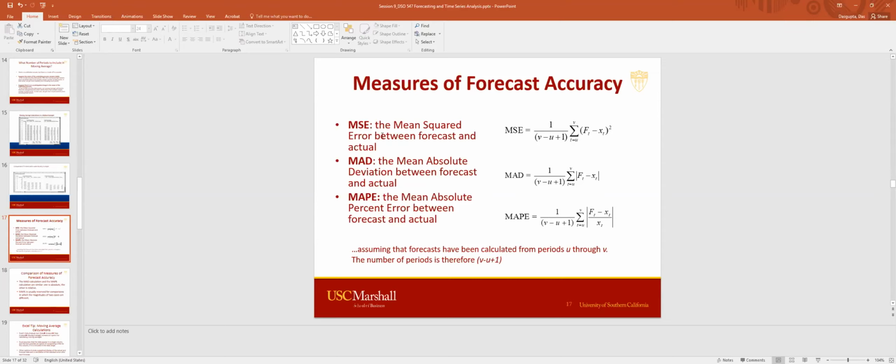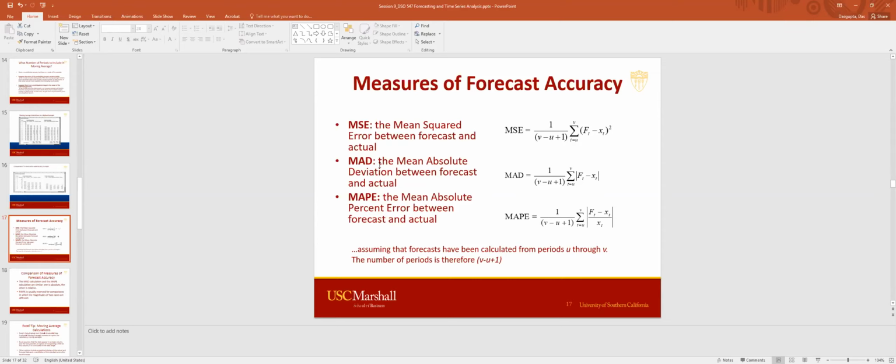So the mean squared error between forecast and actual will give you the difference between the forecasted value ft minus the actual value xt, and it says mean squared error. So you take the square of the error, sum it for the periods u through v, and then divide it by the number of observations, which is v minus u plus 1, because it needs to include the first observation.